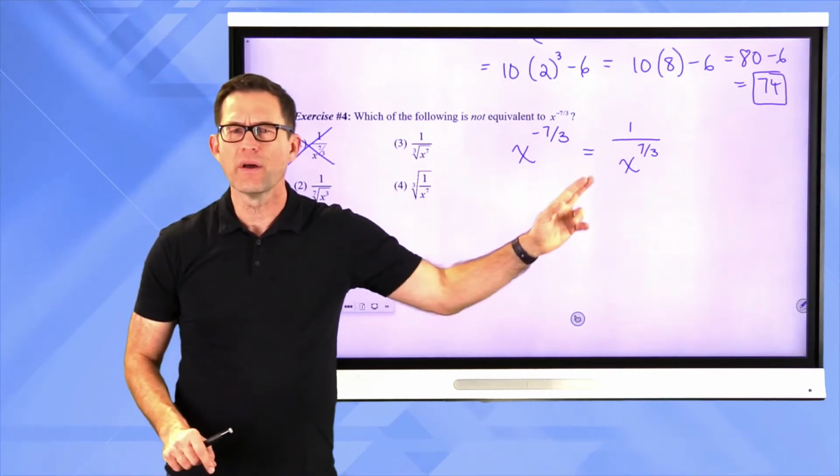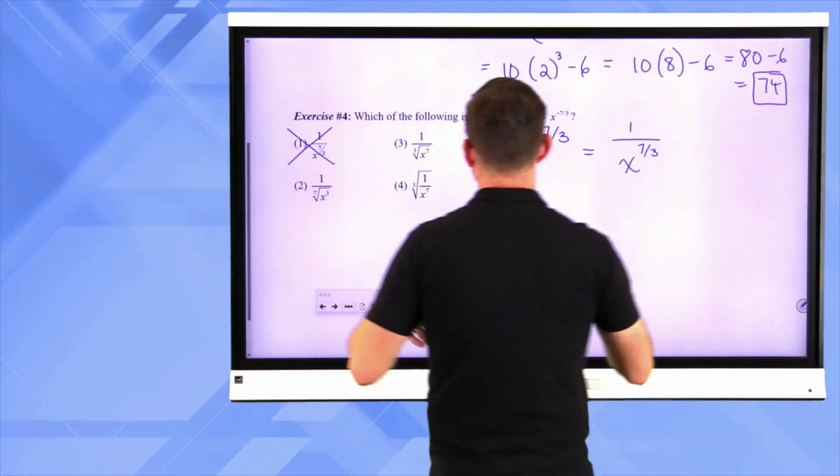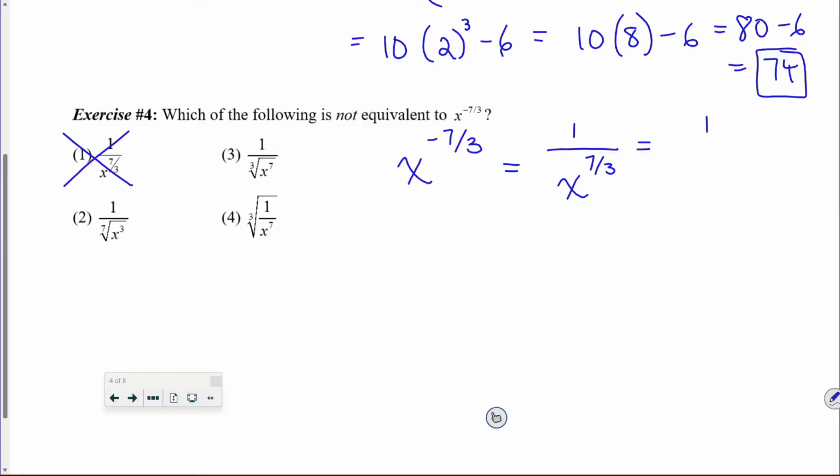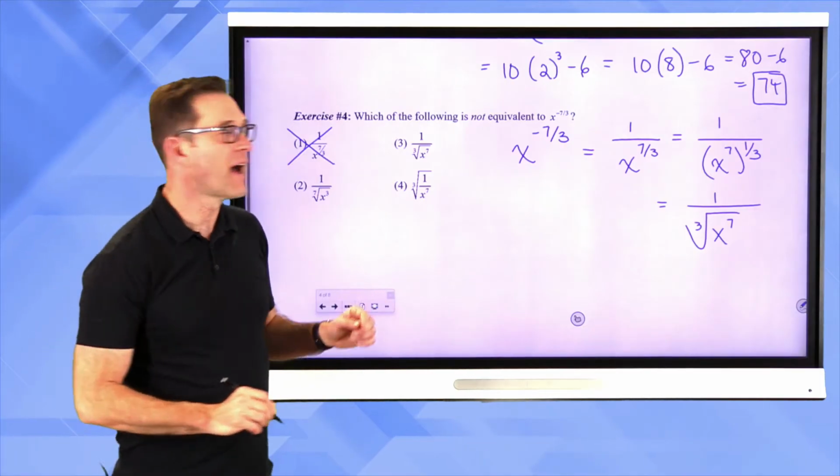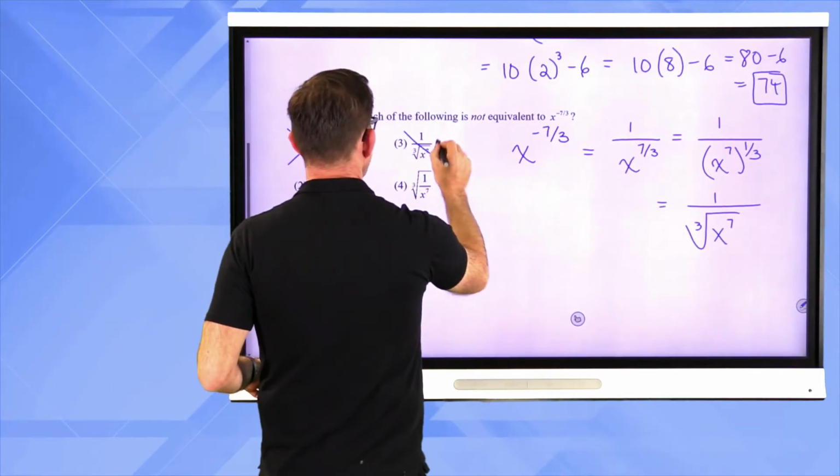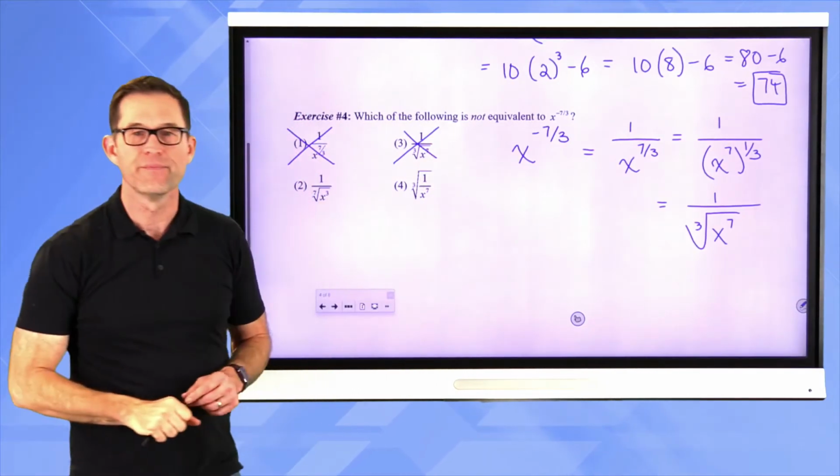This one can be thought of as 1 over x to the 7th to the 1/3, which is 1 over the cubed root of x to the 7th, and that is this one. So I'm going to mark that one out.